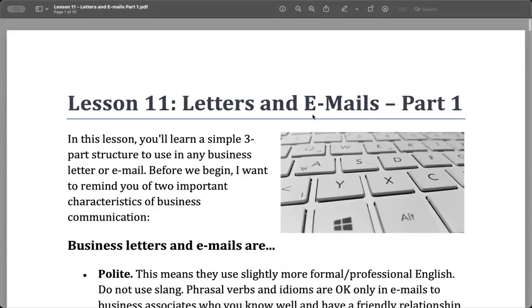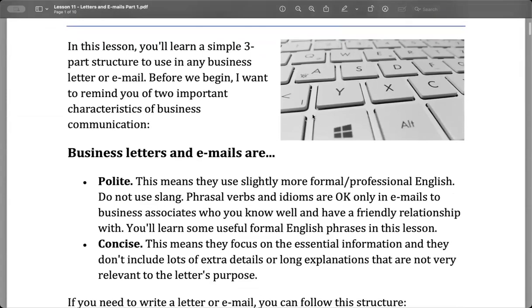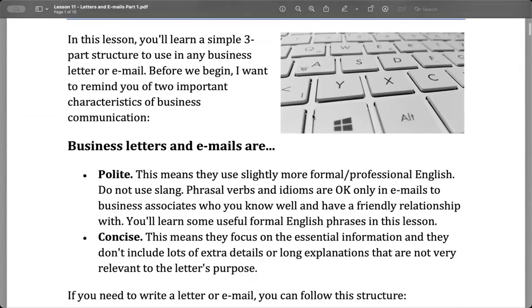Business letters and emails are polite. This means they use slightly more formal professional English.